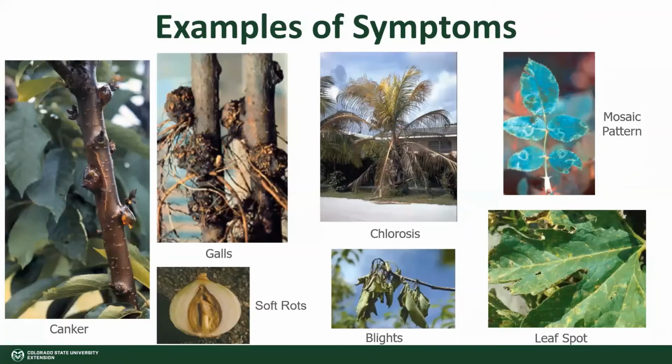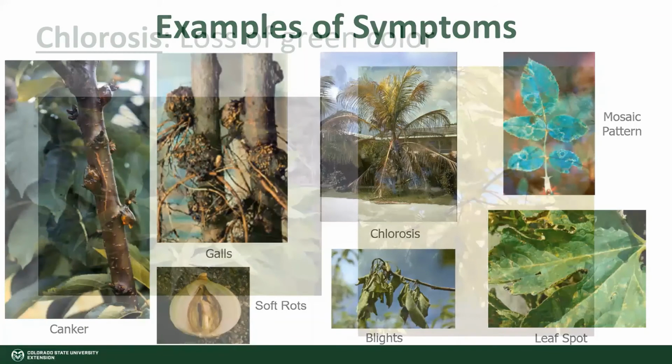These are some examples of symptoms. We have cankers, galls, soft rots, chlorosis, blights, mosaic patterns, or leaf spot. We're going to talk about some of them here and define them, so that when you are looking at your plant and you want to define what your symptom is, you know the actual terminology.